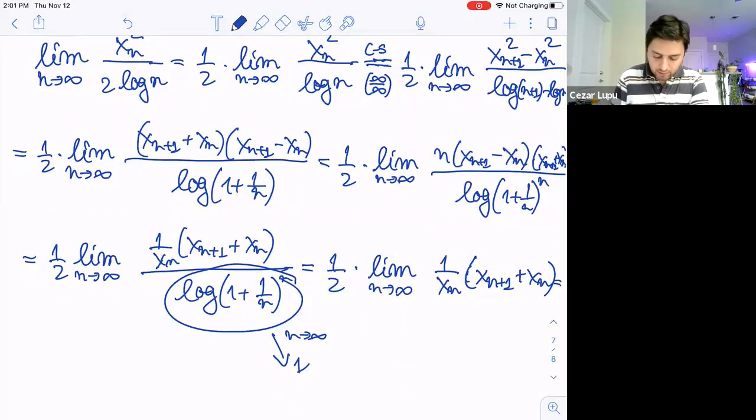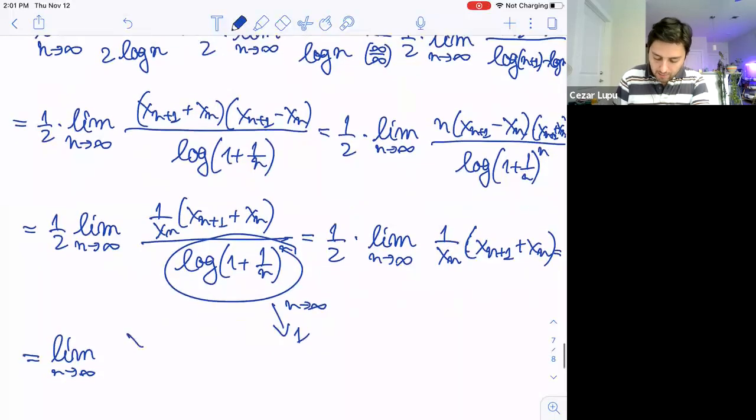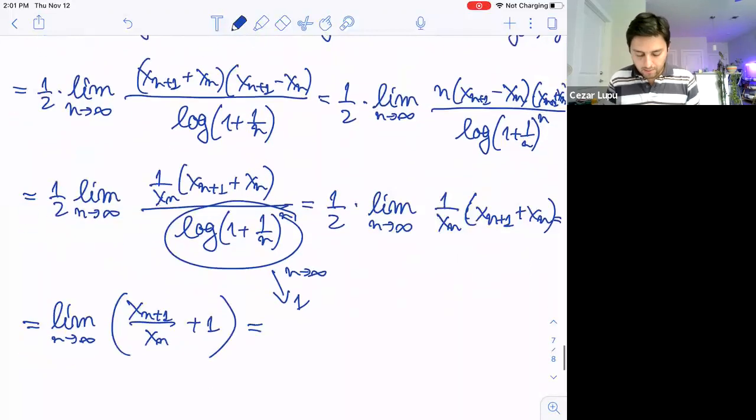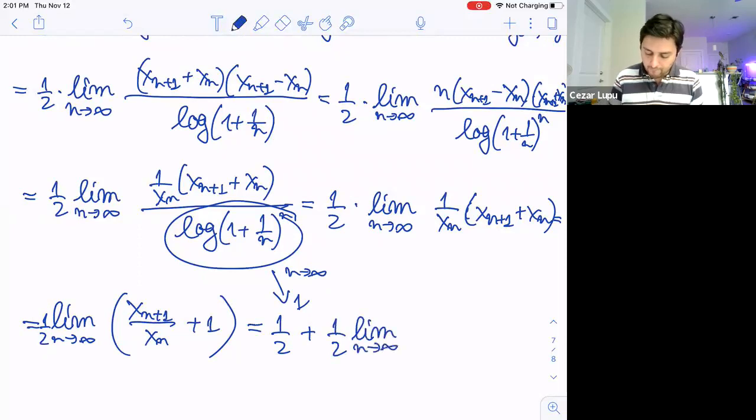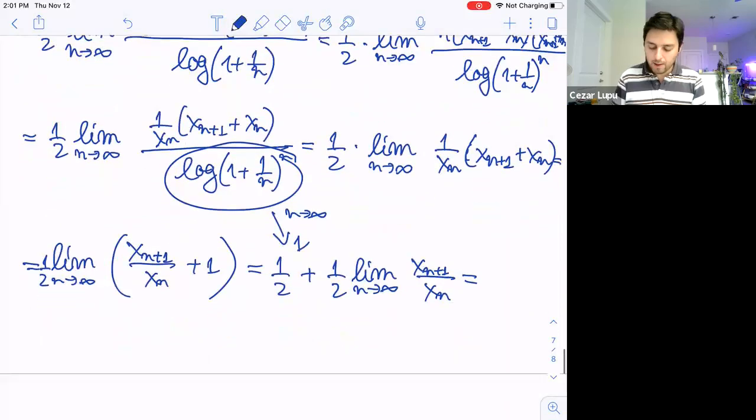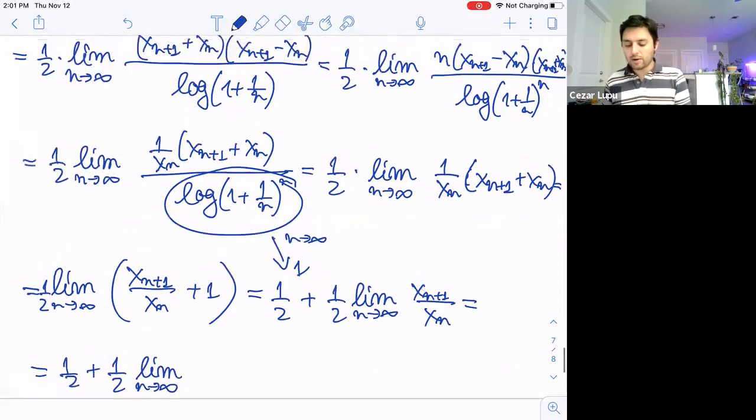And this will be equal to, because I need to be careful here, xn plus 1 over xn plus 1. And now I have to compute, okay, 1/2 in front of it. So it will be 1/2 plus 1/2 times the limit as n approaches infinity of xn plus 1 over xn. But this guy, let's see who this guy is.